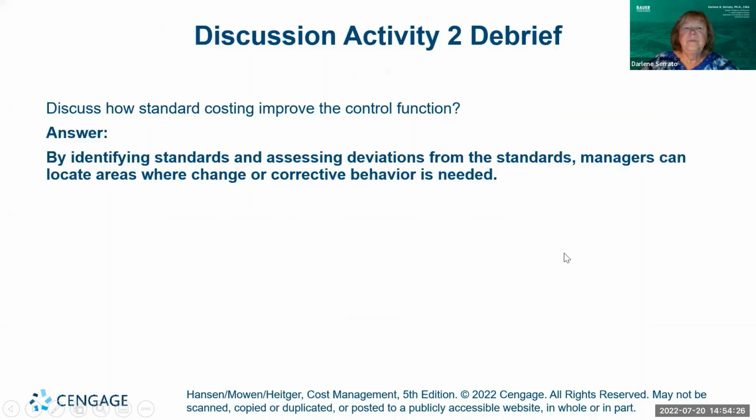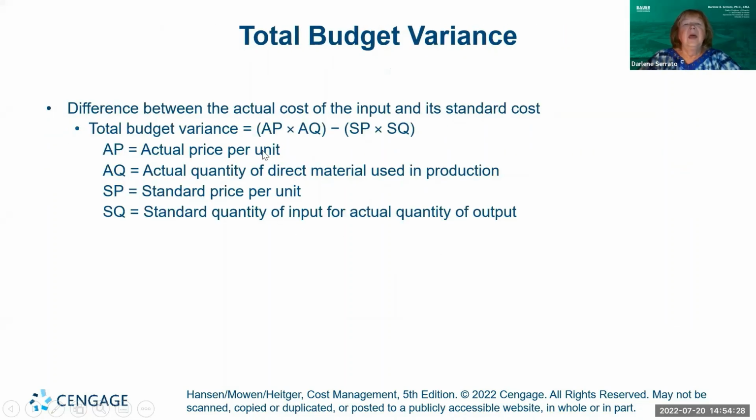So this is your total budget variance. Actual cost incurred minus standard costs allowed. SP times SQ is standard cost allowed. To calculate our product variances, we need 4 variables. Actual price paid per unit of cost factor, not per unit of product, but per unit of cost factor.